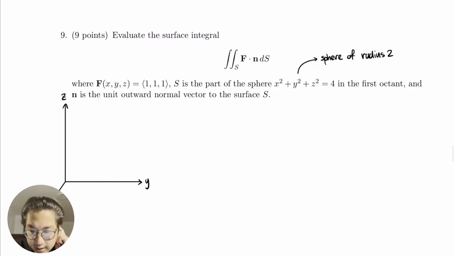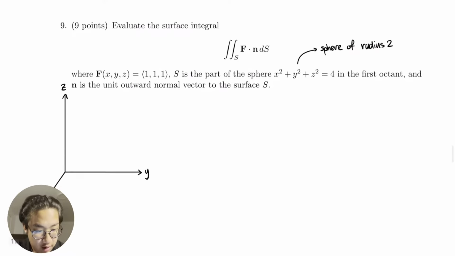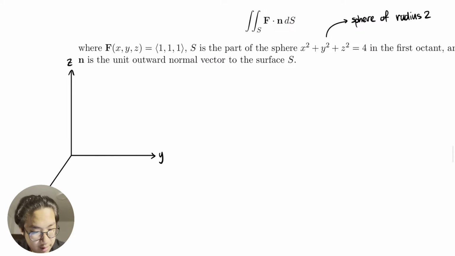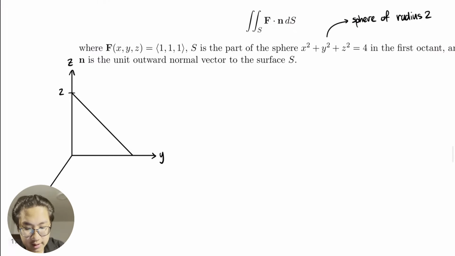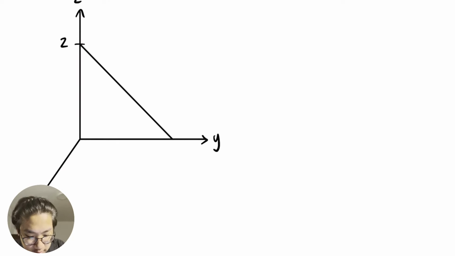Because it's a sphere, it's much easier to sketch, especially because we're only limiting ourselves to the first octant. If x and y are both equal to 0, so along the z-axis, we have z squared is equal to 4, meaning either positive or negative 2. But because we're dealing with the first octant, we know it's equal to 2. Using that exact same logic, we'll realize that it's 2 for x and y as well. I draw a diagonal line just to get the 2 to be roughly on point.